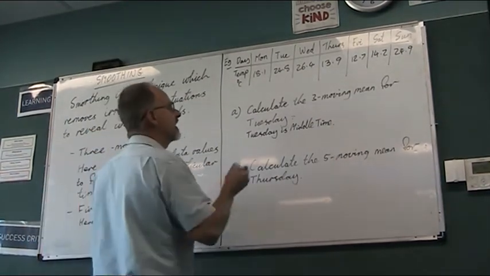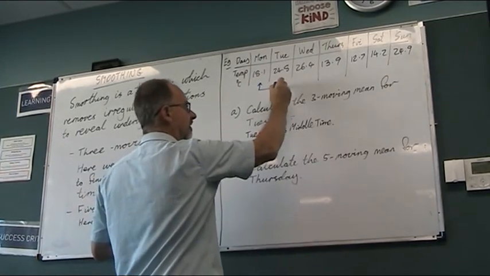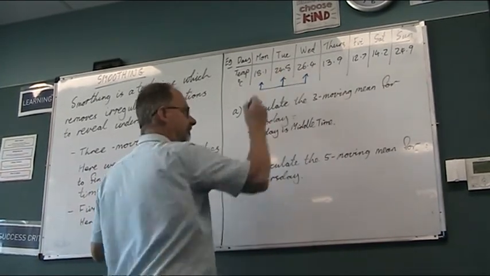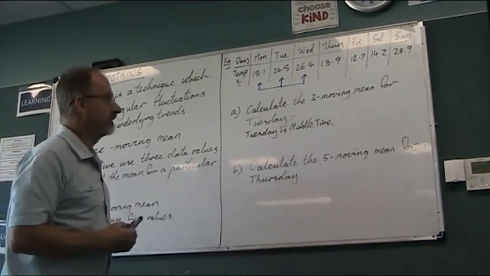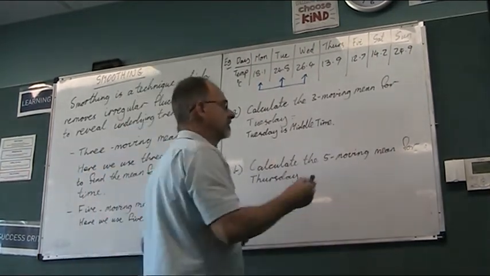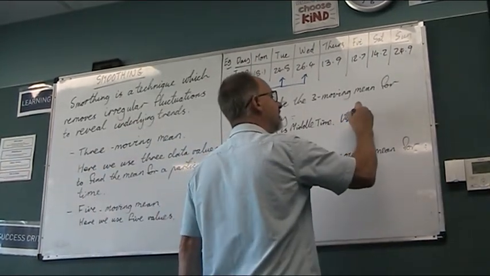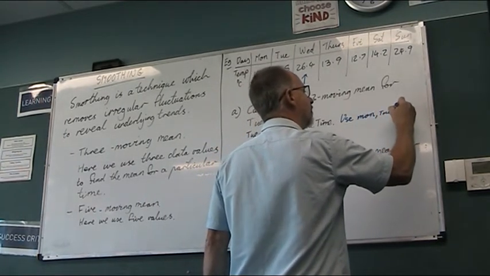If Tuesday is the middle time and I want 3, then I'm taking 1 from either side. So for the blue there, I'm going to use Monday, Tuesday and Wednesday.